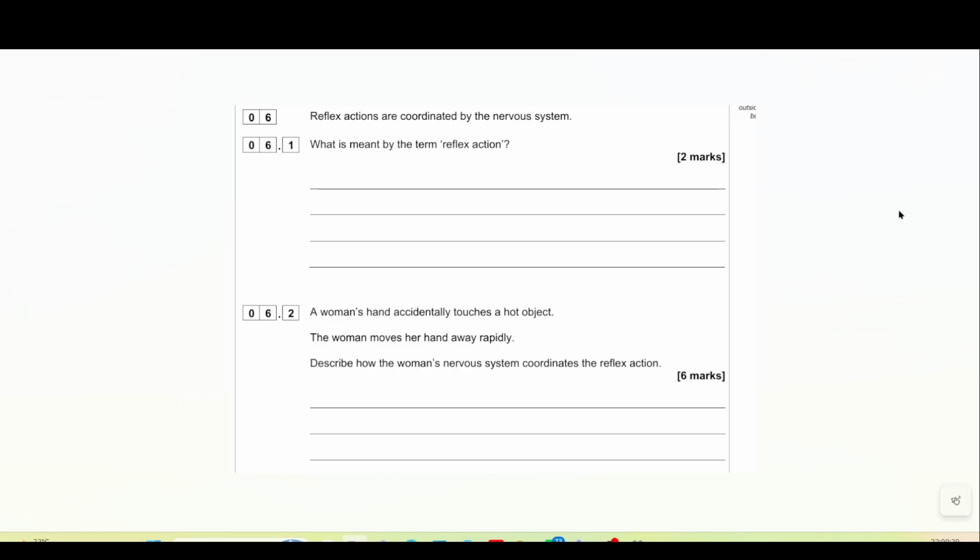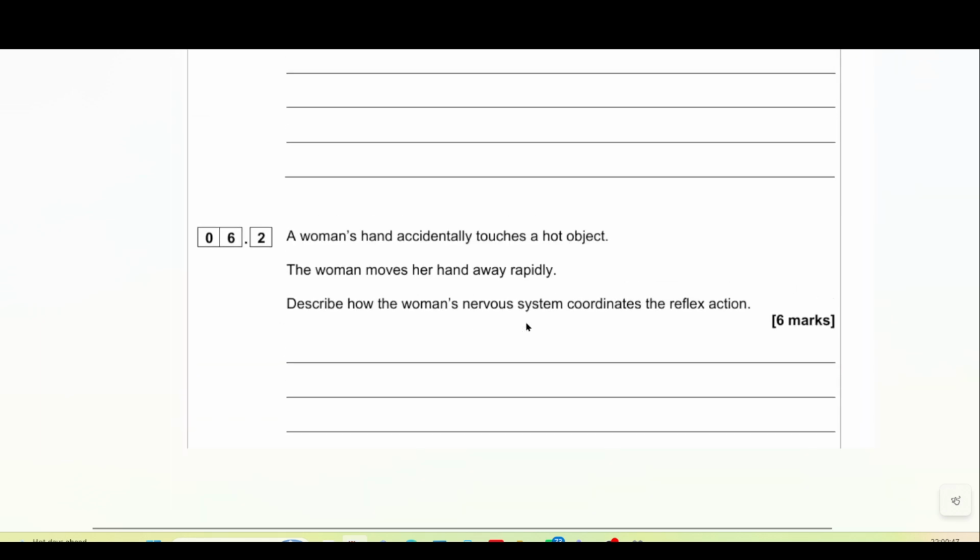A woman's hand accidentally touches a hot object. The woman moves her hand away rapidly. Describe how the woman's nervous system coordinates the reflex action. First is the stimulus and receptor. The temperature or pain receptors in the skin will detect the heat.